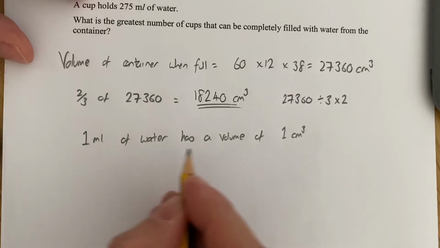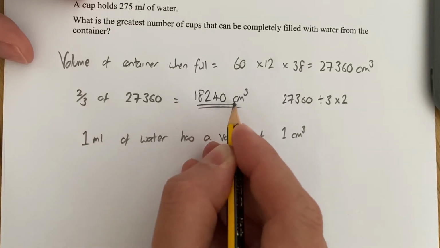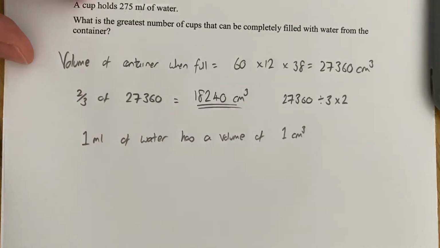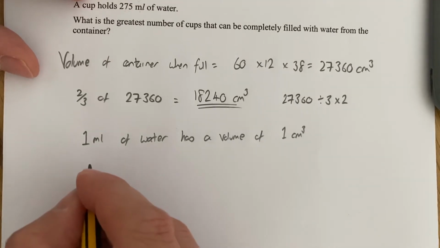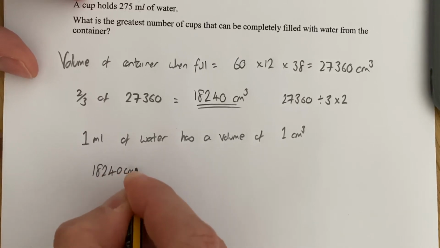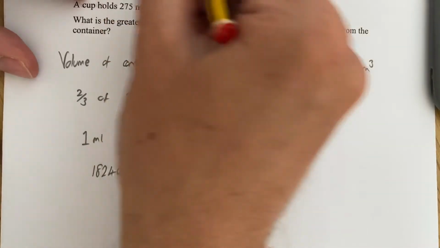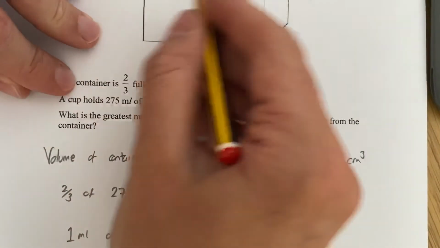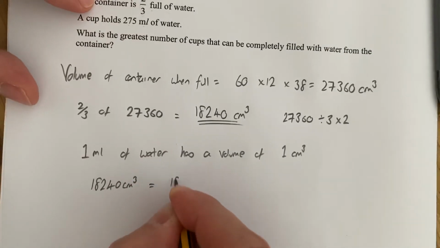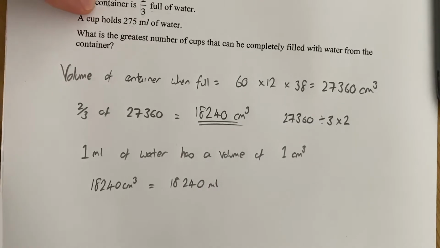So if 1 millilitre of water is 1 centimetre cubed, 18,240 centimetres cubed must be 18,240 millilitres. So we can get that written down: 18,240 centimetres cubed, which is the volume of the water in the container, is equal to 18,240 millilitres.